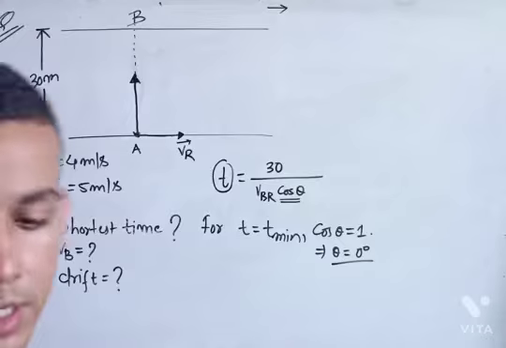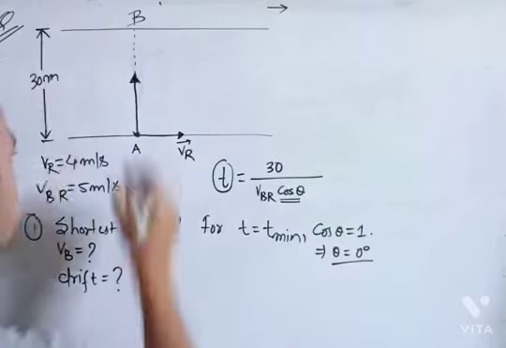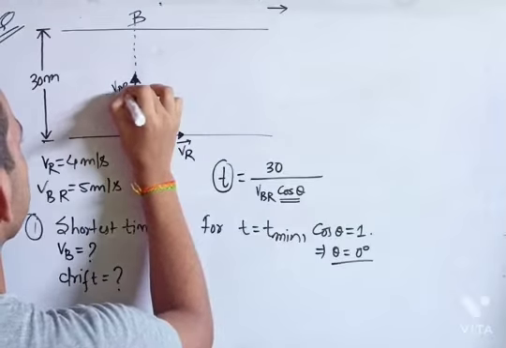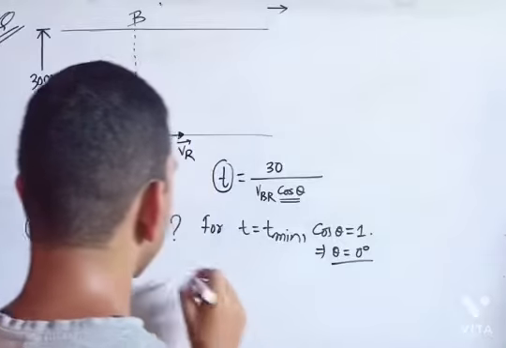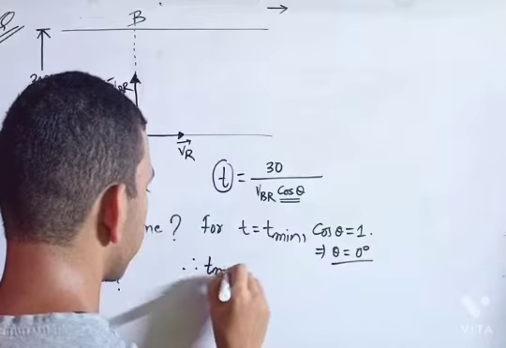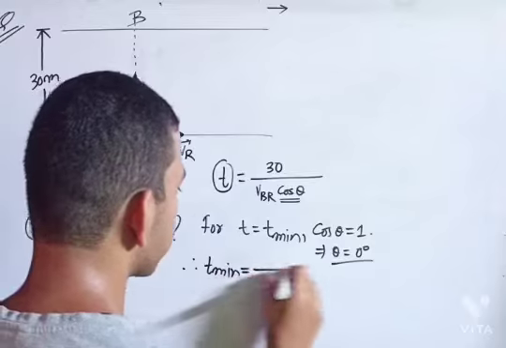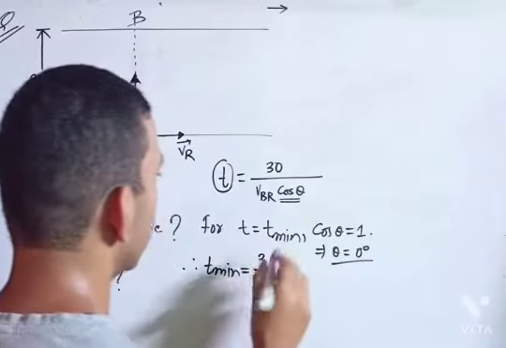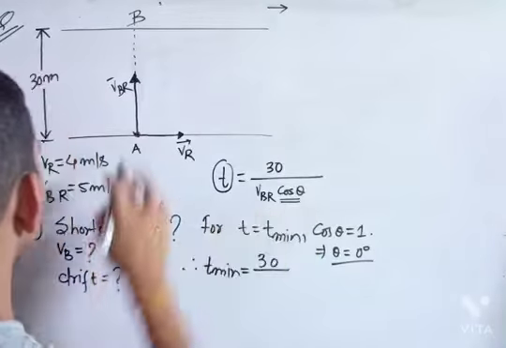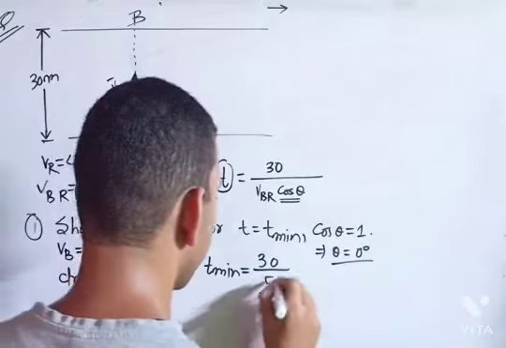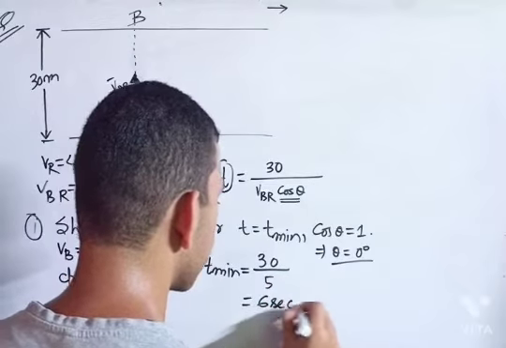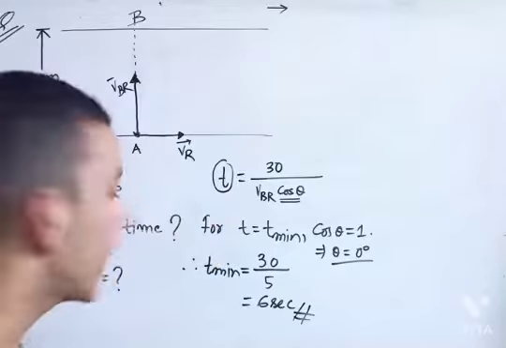We have found this conclusion mathematically. So therefore t minimum is 30 upon cos theta, which is 1, times VBR, which we are given as 5. So this is 6 seconds. This is the minimum time.